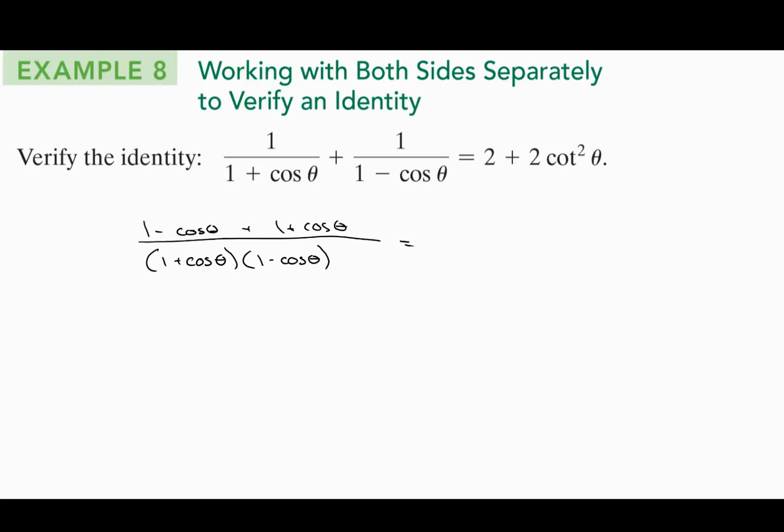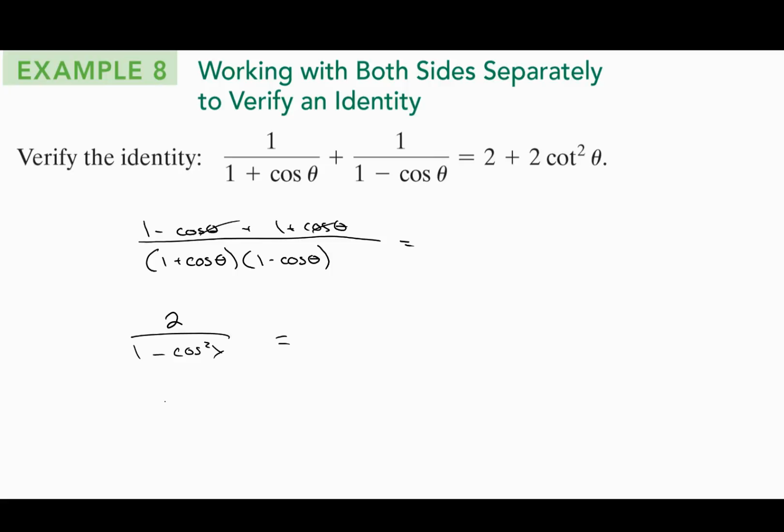And that's going to be equal to, let's just leave it blank there for a second, okay? Because we're going to change that around as well. But let's just stick with the left-hand side a little bit. We got 1 and 1. Negative cosine, positive cosine cancel each other out. Over, multiplying these two together is 1 minus cosine squared.